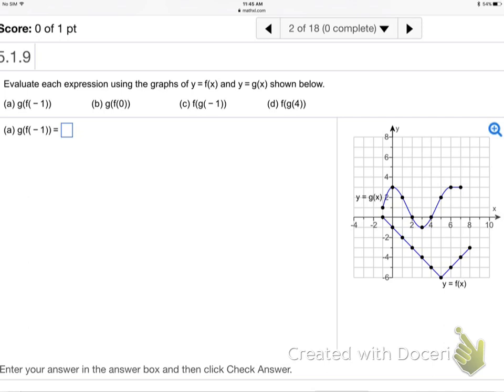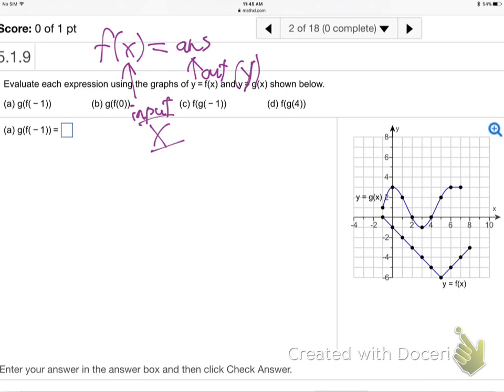So, how does it work with a graph? It's a little tricky. What you've got to remember with a graph, whenever you have F or G or whatever, X is input, and whatever answer you get, that's the output, or the Y. So X is input, Y is output. Whatever's on the X-axis is what you input to the function, and whatever's on the Y-axis is the output, the answer that comes out of it.